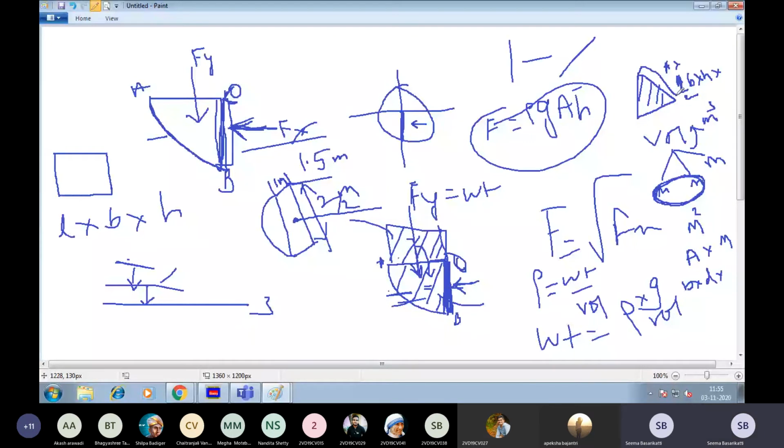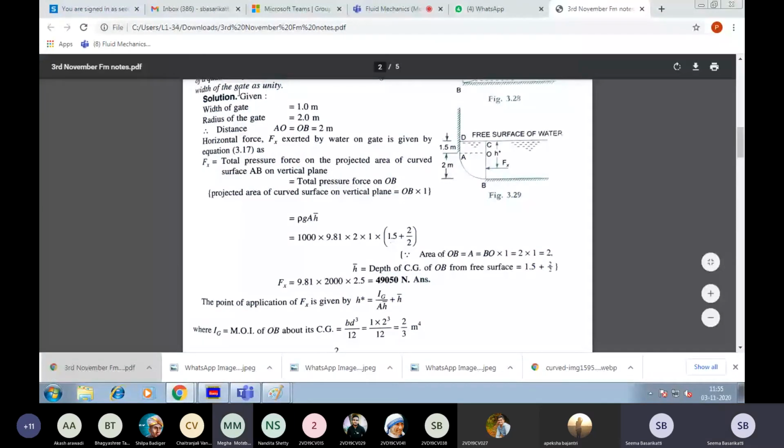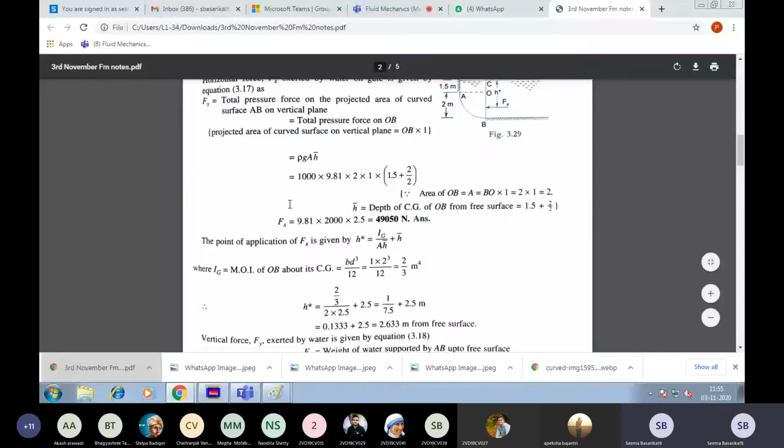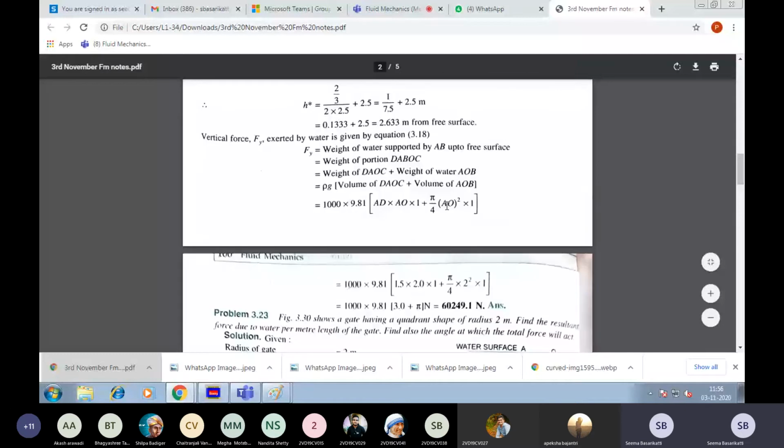What is the width of the gate? It is 1. Area into width will give you the volume of AOB.